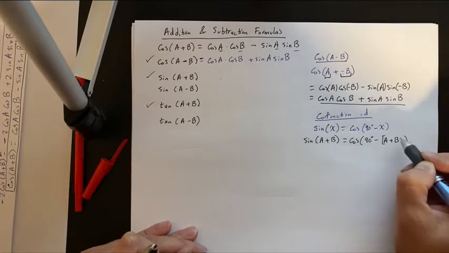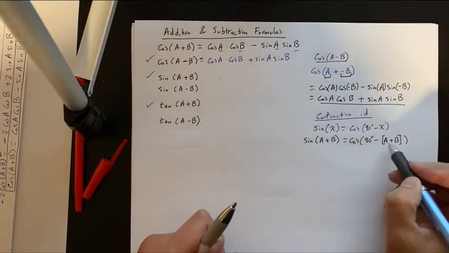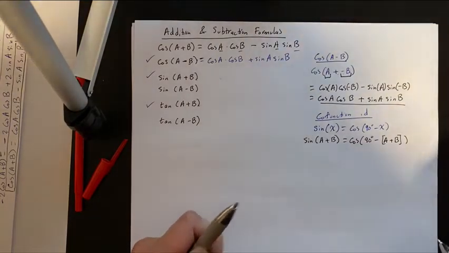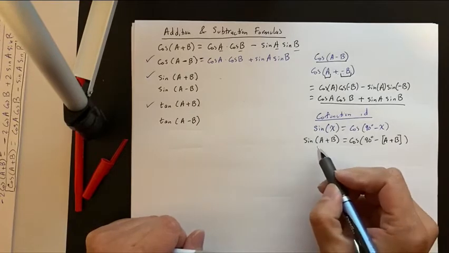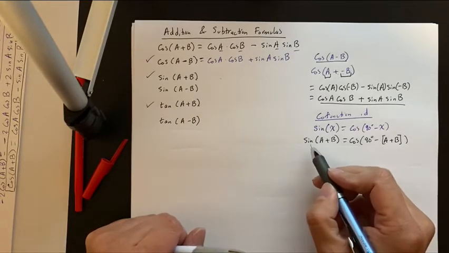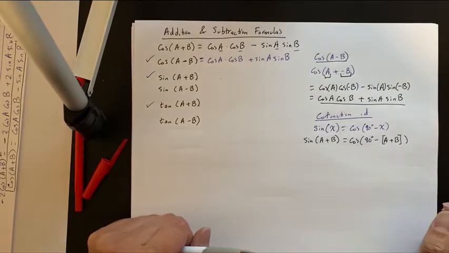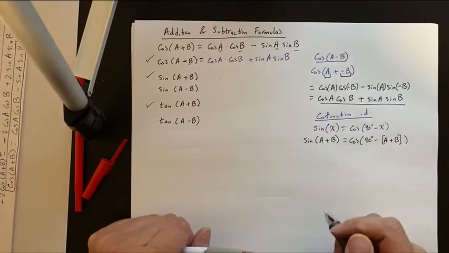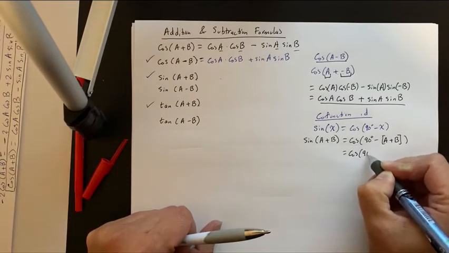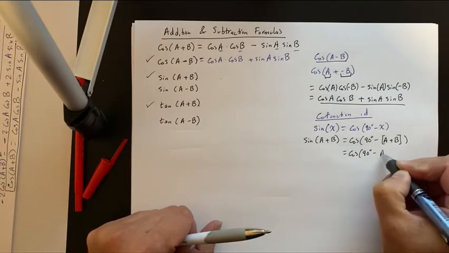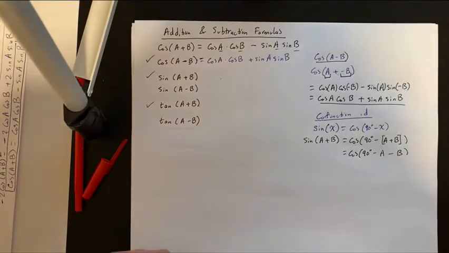And so I do need to put a parenthesis or bracket around the whole thing. It's minus the A plus B. So now I've successfully converted sine into a cosine, but just with a different angle, different input. Okay, so this is going to be cosine of 90 degrees minus A, but minus B. You see that?